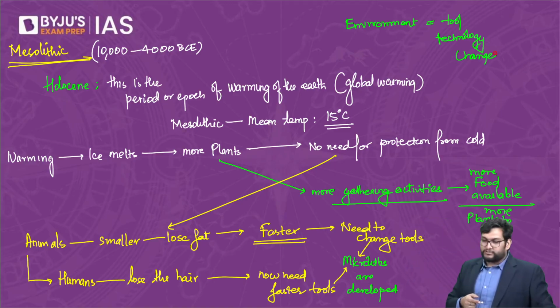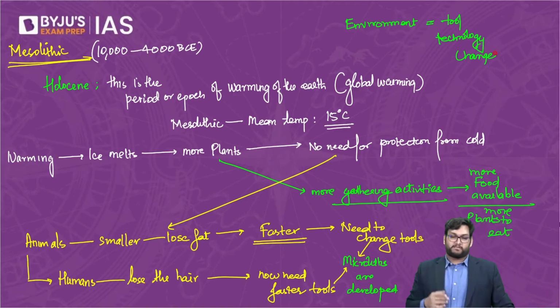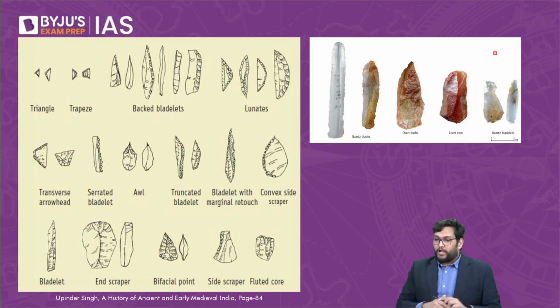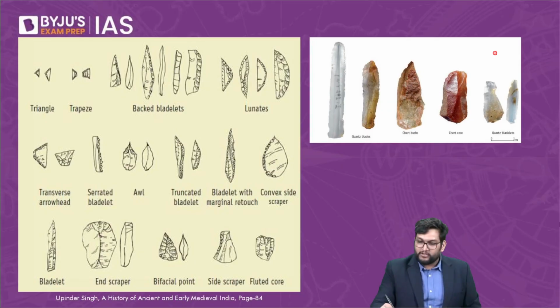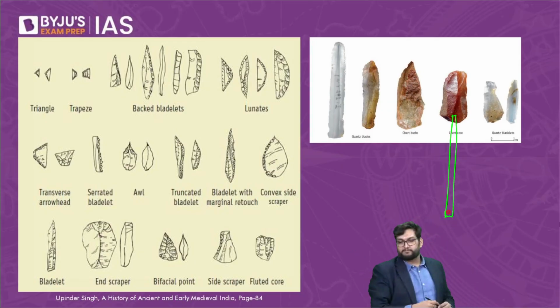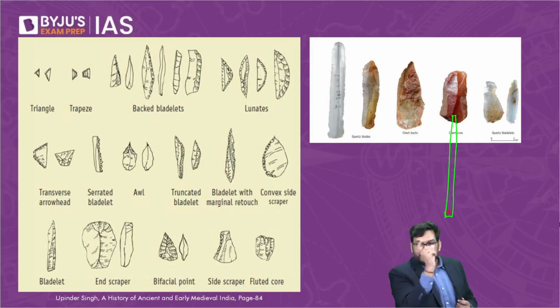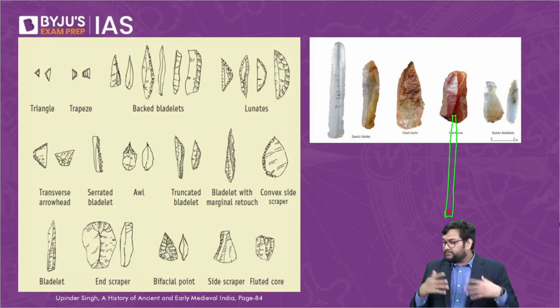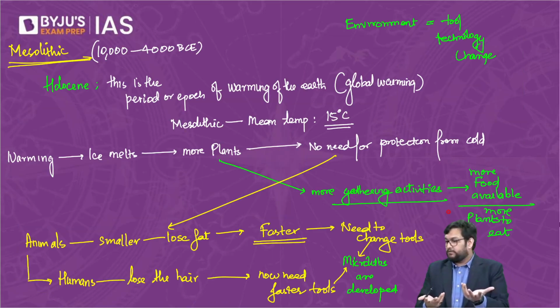And that is why you see we get microliths, triangles, trapezes; that bulkiness is gone. Small tools are developed. So I can just tie this on a stick and then throw it towards the animal itself. Mini tools, microliths. Now you tell me, is this factual or is this not logical?